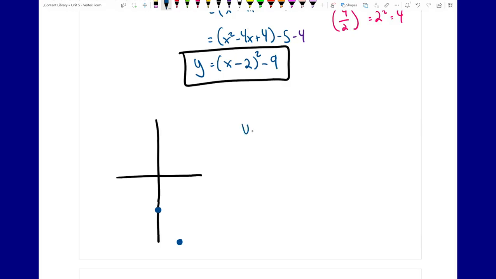So we have our vertex, which is (2, negative 9). Our y-intercept, which is negative 5. We do know our step pattern, which is 1, 3, 5, because our a value is 1. So if I wanted to, I could go over 1, up 1, over 1, up 3.